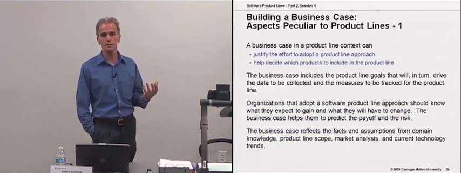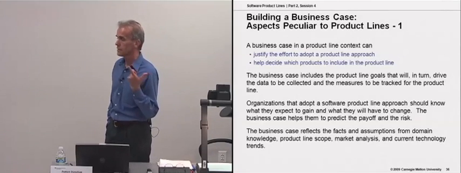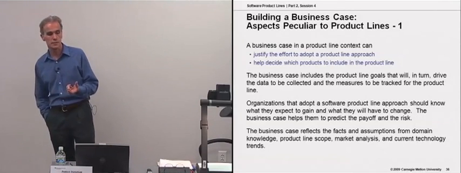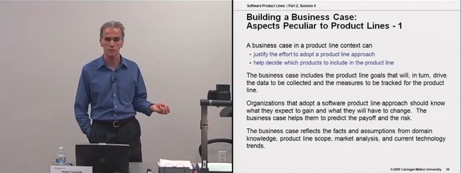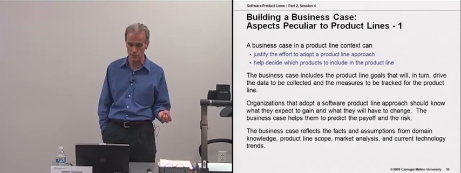So the business case analysis that you do may tell you either, yes, we should be going after product lines, there is a credible business case, or no, we really aren't ready to take on software product lines at this point in time. There's just no business justification for it.